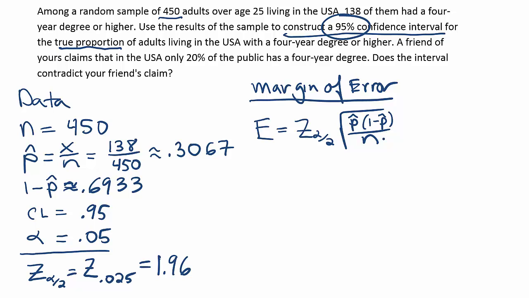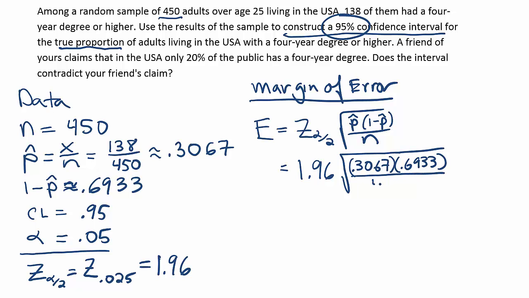And again, that 1 minus p hat can be called q hat as well. So z alpha divided by 2 is 1.96 times the square root of, you'll just fill in the values you calculated before, so 0.3067 for p hat, and then 0.6933 for your q hat, and then divide by your 450, which is your sample size in this problem.